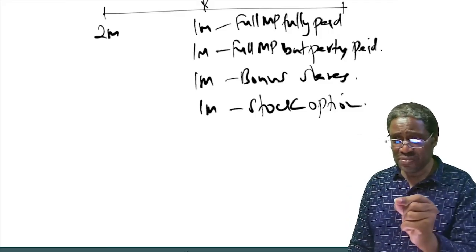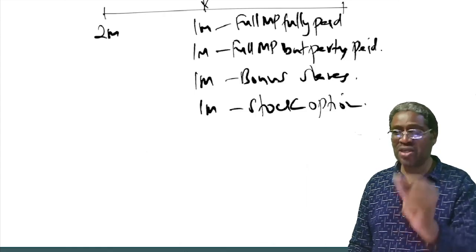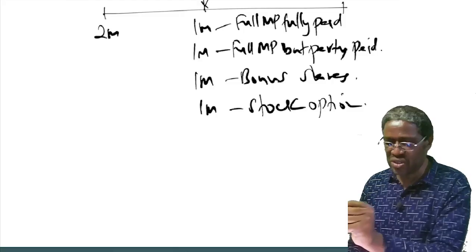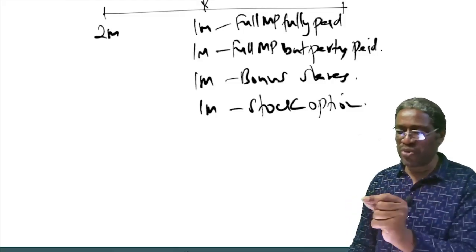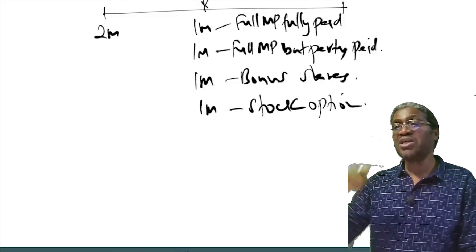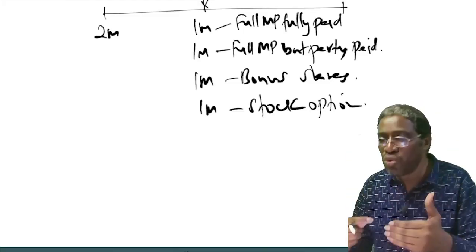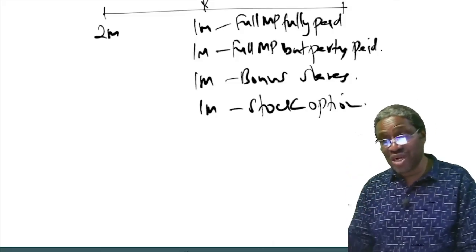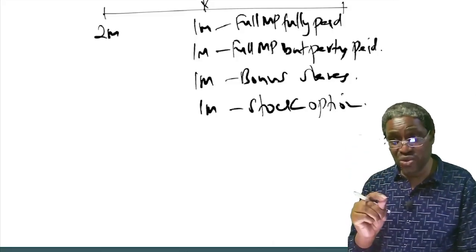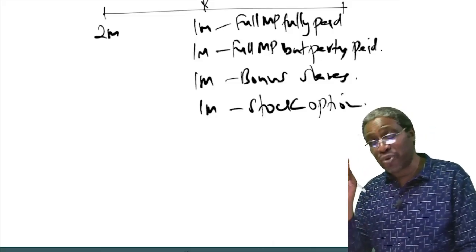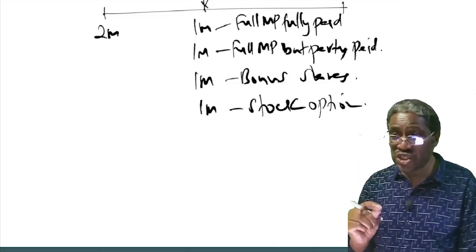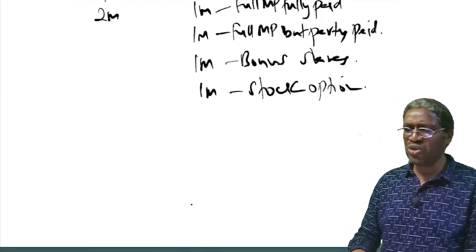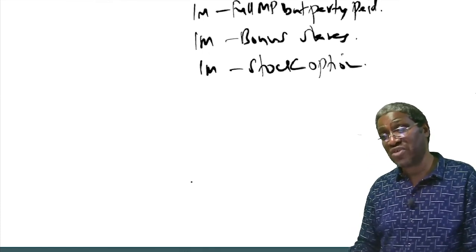A stock option is a privilege given to employees of your company to purchase shares at a price below the market price. Stock option is a privilege that's normally given to the employees of the company for them to buy shares at a price below the market price. So we shall discuss how we use them to compute the weighted average number of shares.